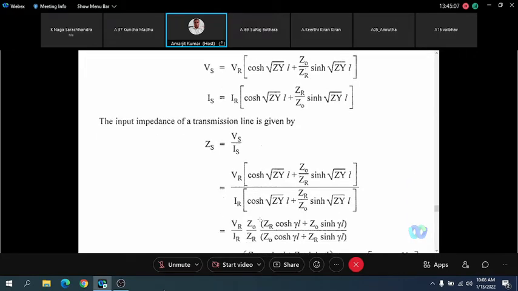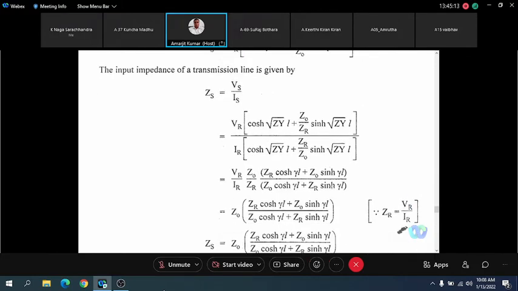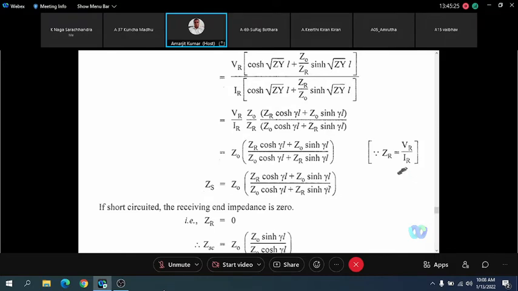So this input impedance will be equal to, as per this equation, VR into Z0 divided by IR into Zr. So VR upon IR Zr. What is VR upon Zr?